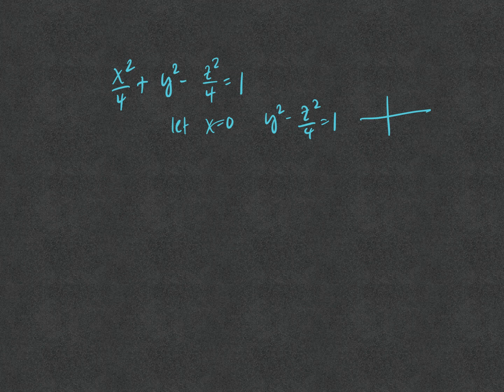So when we do x equals 0, we have the major axis is a equals 2, and the minor axis is b equals 1. So we have this shape, and z is up here. So z is 2, and it goes up and down.